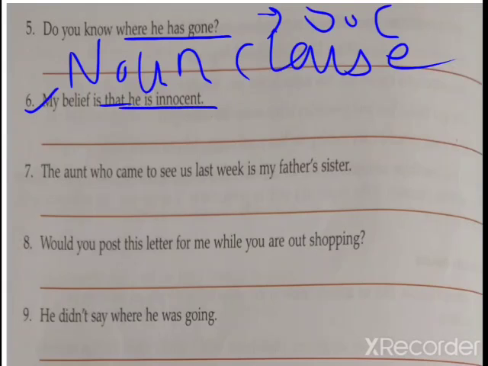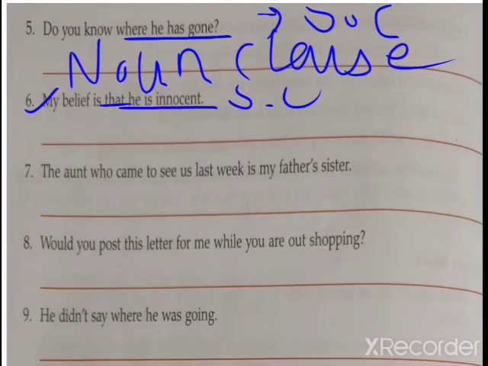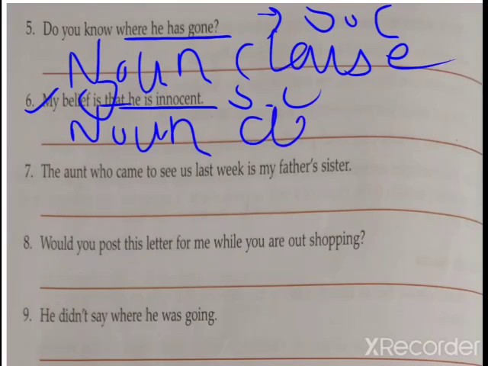So that he is innocent is a subordinate clause. And what is here? My belief is that. So it is a complement of is. So that's why it's known as noun clause.